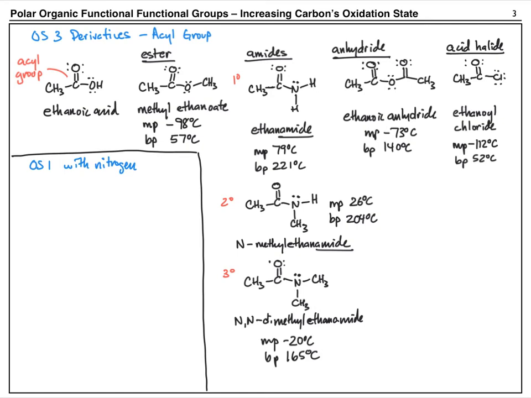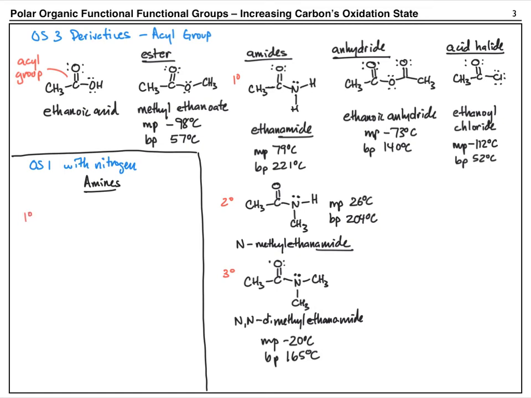We saw oxidation state 1 functional groups were either alcohols or ethers. So what about nitrogen? These are called amines. So amines contain a carbon-nitrogen bond, and there are 3 types or classifications of amines.